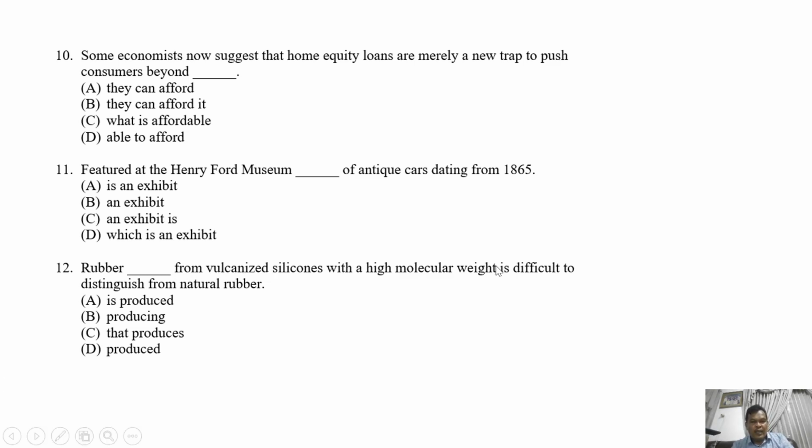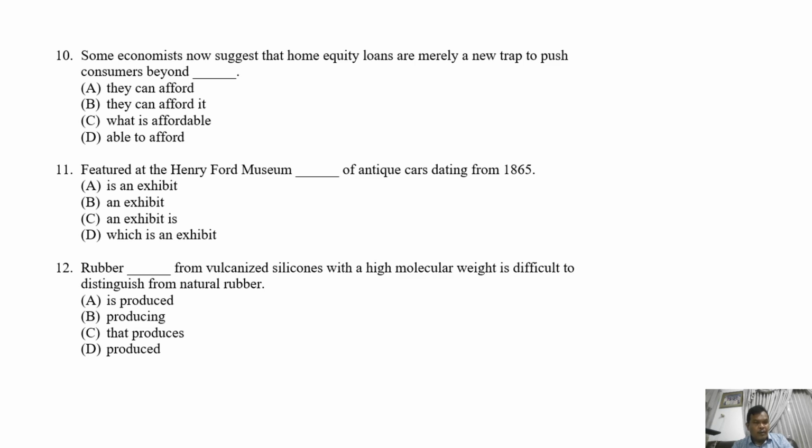Now, number 12. You see that we have here one predicate, that is, is. When we have one predicate, actually this sentence has already been correct, because rubber is the subject and is the predicate.